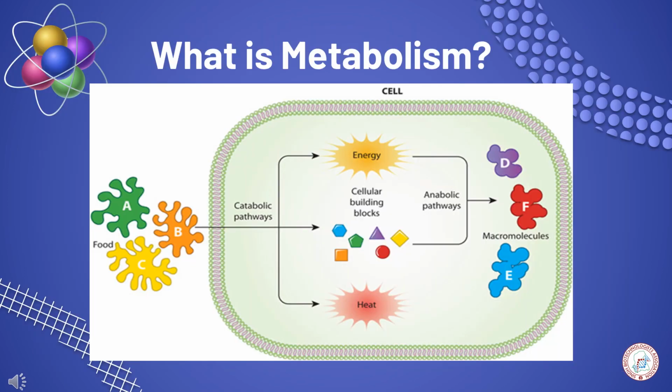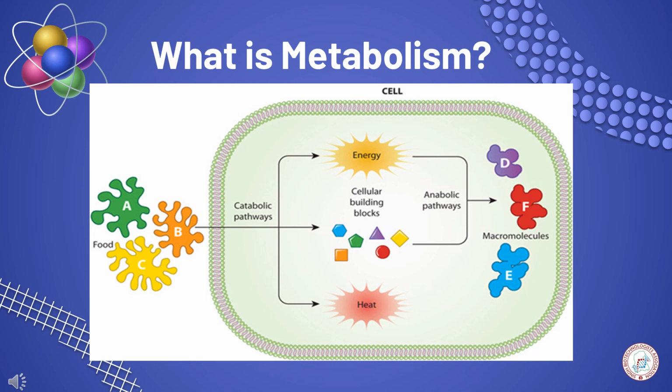Okay, I would like to start with the basic terminology, that is, what metabolism actually is. As you all know, whatever food we take, in the form of protein, carbs or lipid, as I have shown in this picture as A, B or C, is catabolized or broken down inside our body into smaller molecules for the sake of energy in the form of ATP, which is used by our cells.